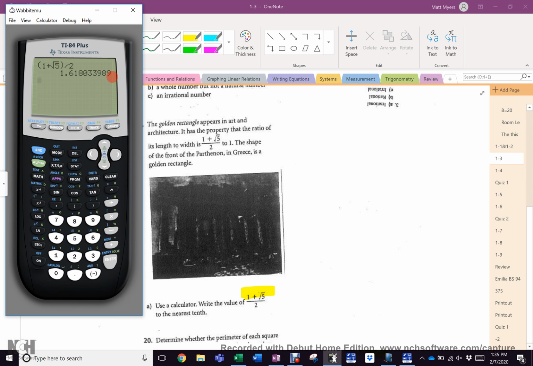Now, at some point in this course, we will be doing measurement stuff, trigonometry, and I will say round it to the nearest hundredth. And at least half of you will say this is 1.61. At least half of you, because you don't know how to round. Don't make me do a lesson on it. Okay?